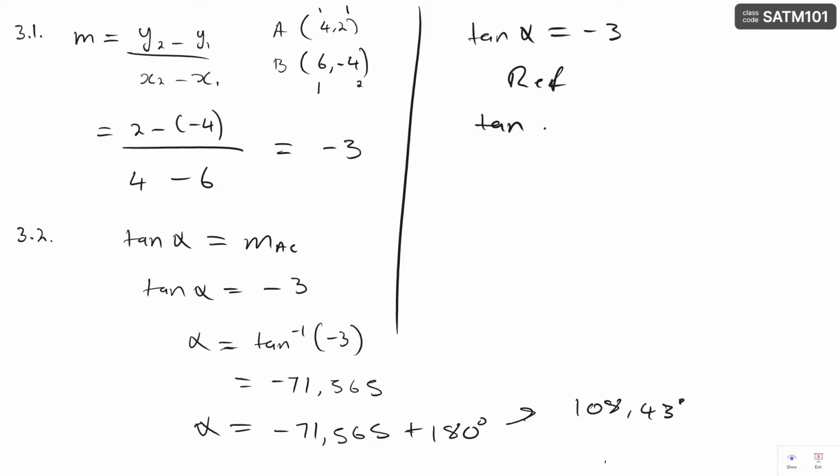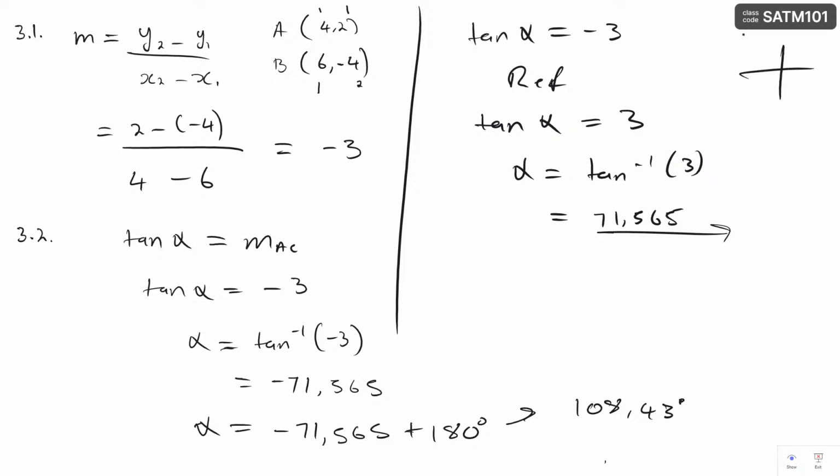So this is the same thing as tan of alpha is equal to 3. That's why you're going to say alpha is equal to tan second function 3, which you're going to get positive 71.565.